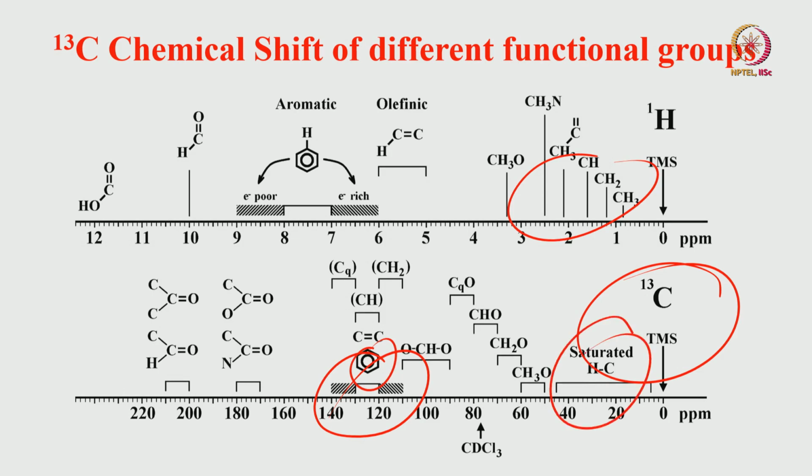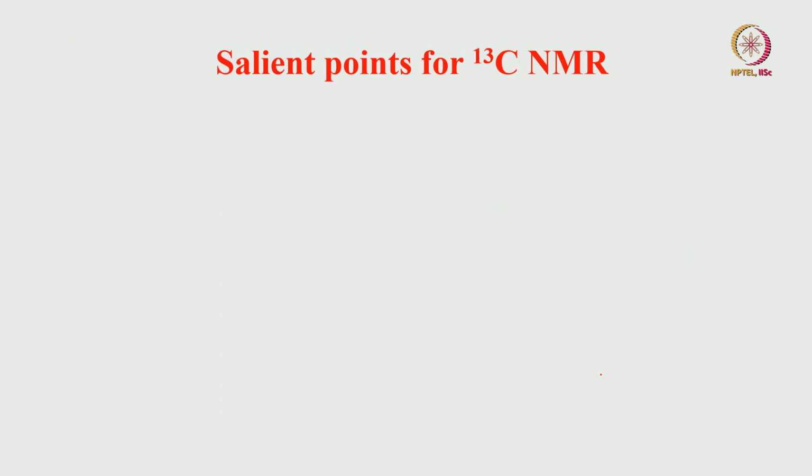Aliphatic CH3, CH2, CH will come from 0 to 40 or 50 ppm. Exactly whatever you see in the case of proton can more or less be translated to carbon-13, with of course slight modifications, but not extremely different. You can more or less translate the chemical shift information you use for proton to carbon-13.